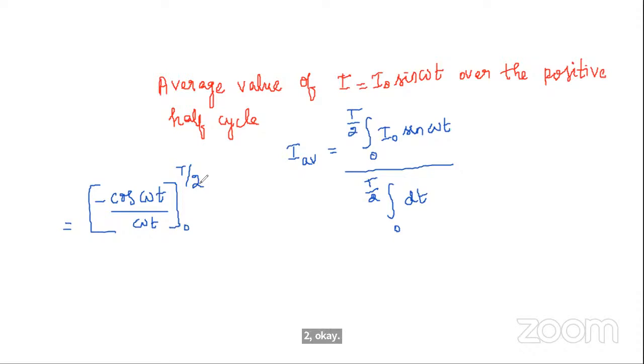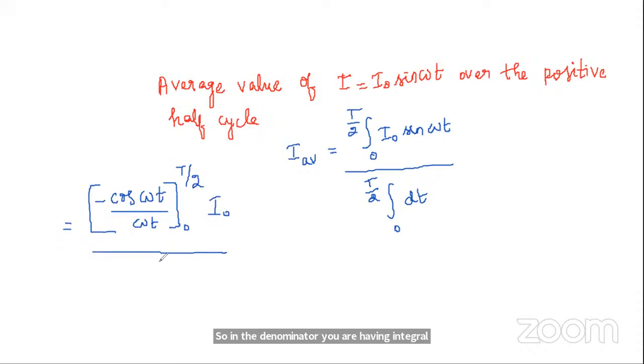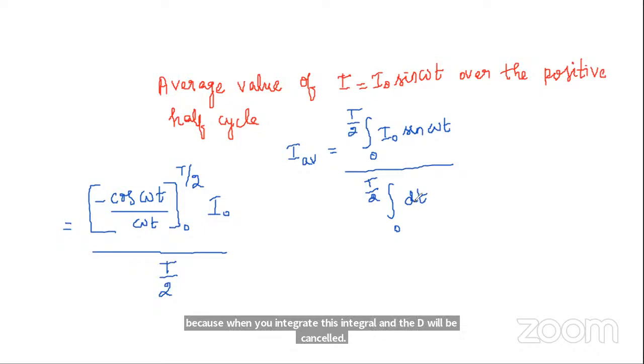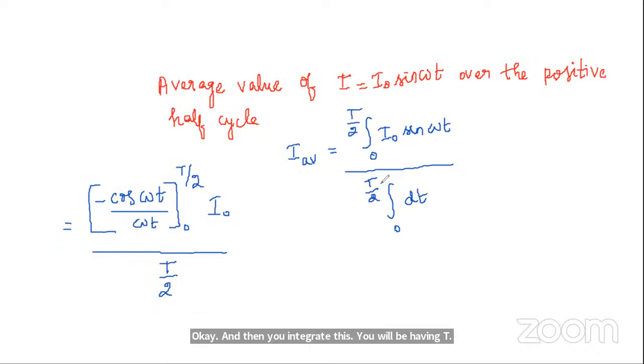I naught is a constant, so you can take it out of the integration. In the denominator, you have integral 0 to T by 2 dt, which gives T by 2, because when you integrate, integral and d cancel, and you are left with t. Applying the limits T by 2 minus 0 gives T by 2 in the denominator. Now you have to apply the limits.